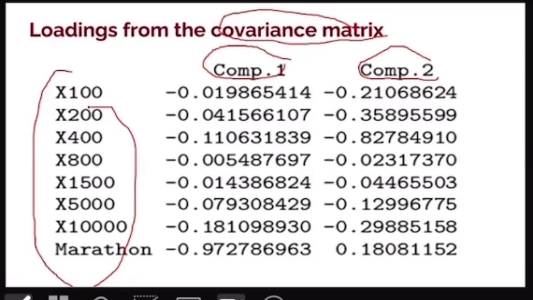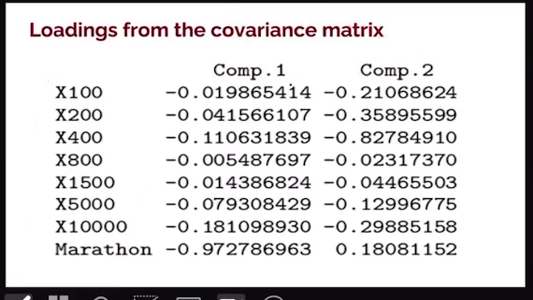What I'm trying to display to you right now is that we selected two principal components, maybe because they gave the largest information based on a threshold. That's what I'm going to walk you through.